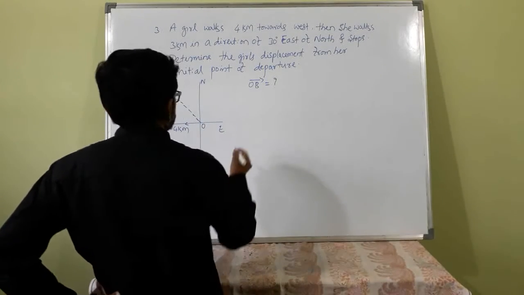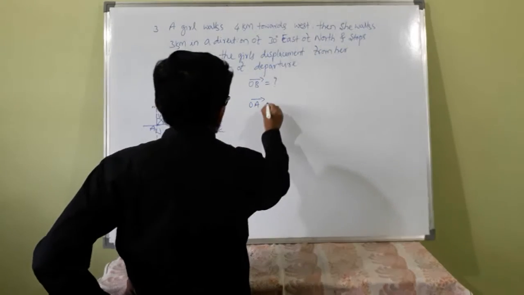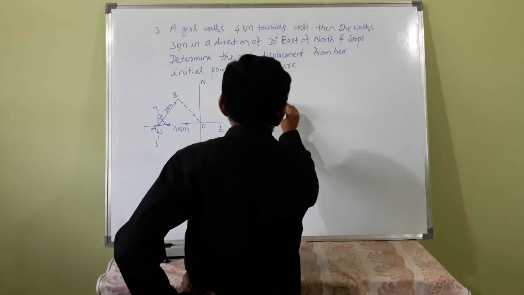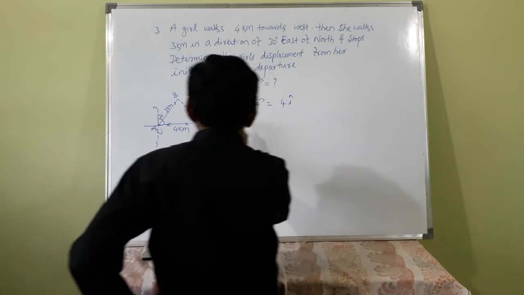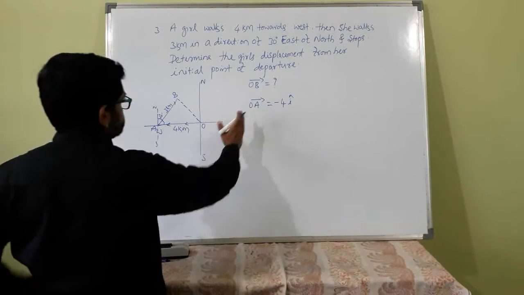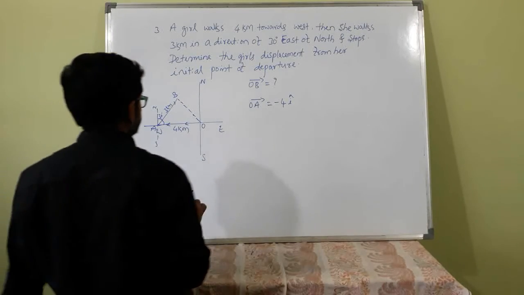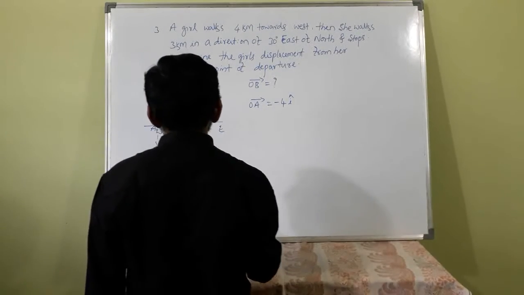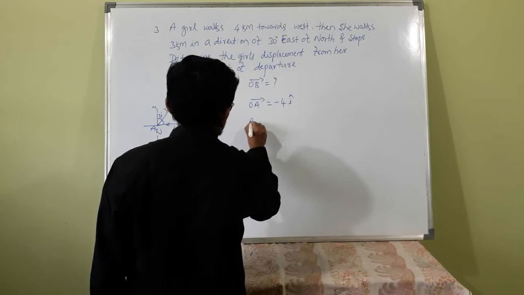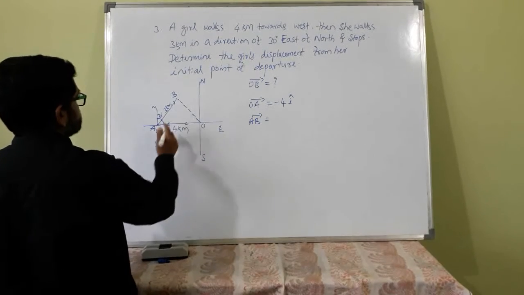Okay, what is OA? OA is equal to, magnitude is 4 i cap along x-axis. So since this is positive half and this is negative half, so minus 4 i. Then AB you have to find. AB is equal to, see here, this is a triangle.